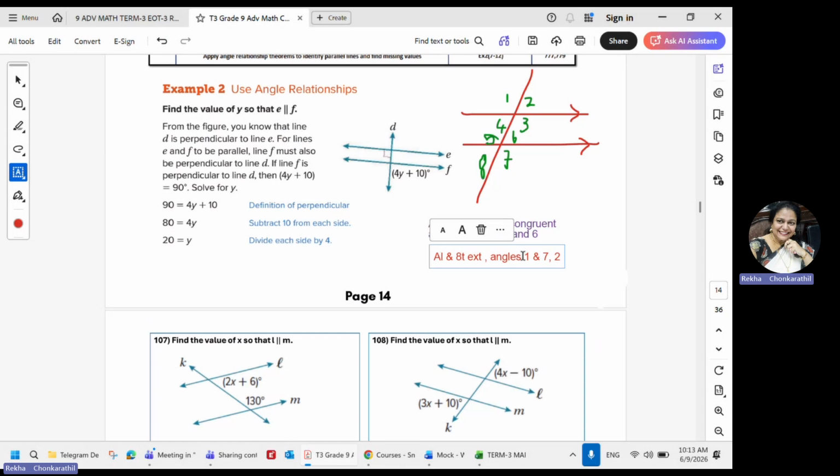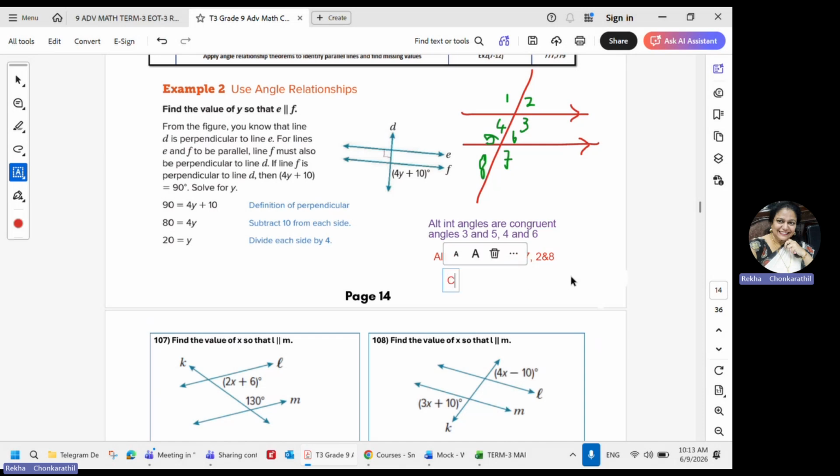They are also congruent. And then we have corresponding angles.